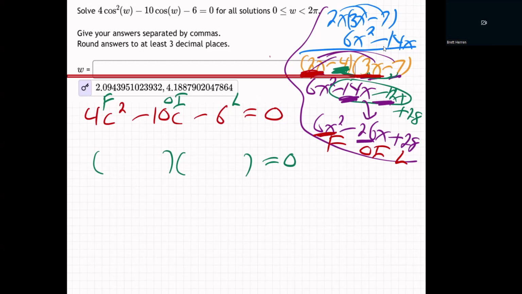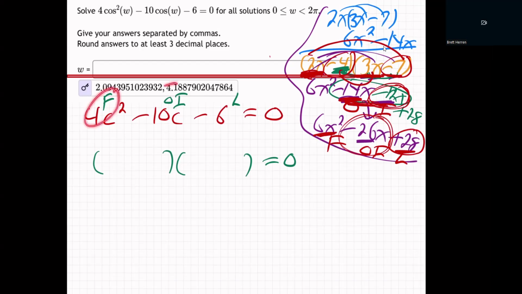And then where did this guy come from? Last in this parenthesis times the last in that parenthesis, negative 4 times negative 7, plus 28. And where did the middle come from? It came from the O and the I. O meaning the two outer, 2x and minus 7, made minus 14x. And the I meaning the two inner, minus 4 times 3x, negative 12x, and then they combine to be this guy. All right. Having said all that, we've got to think that backwards.